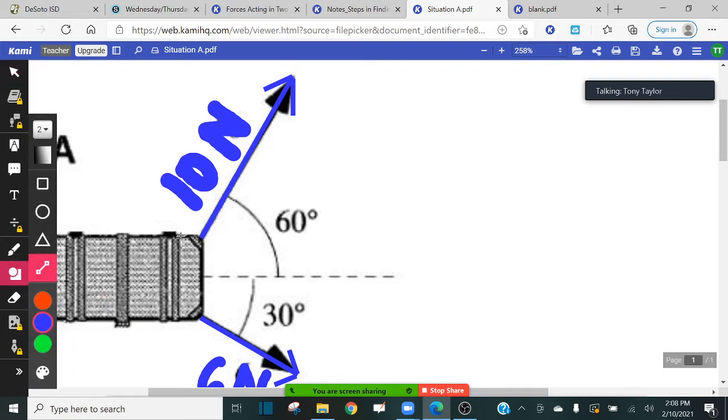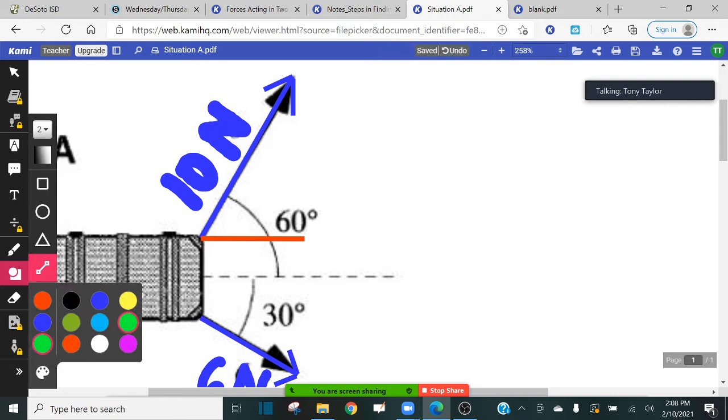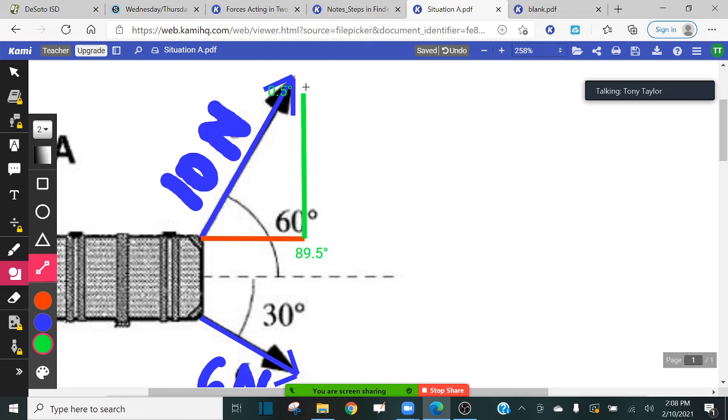So notice, guys, this vector right here is pulling in the x direction at the exact same time that it is pulling in the y direction. Okay. Can everybody see it there?